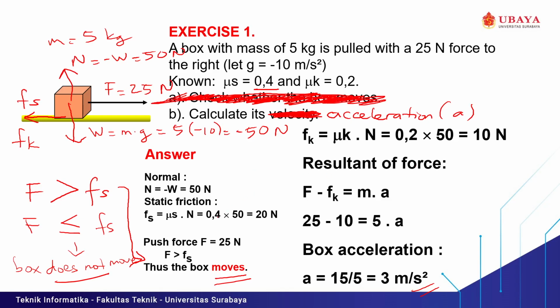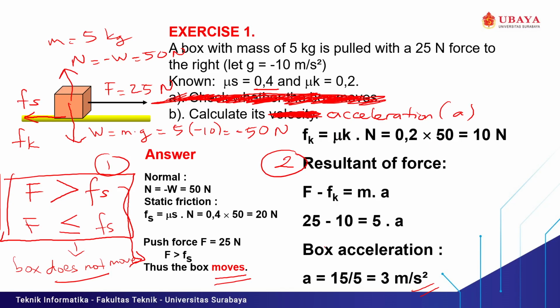Even if you are tasked to directly calculate the acceleration, you must still follow these same steps. You must check this one first. This is required. This is the first step. When F is greater than Fs, you do the second step by solving for Fk and so on.